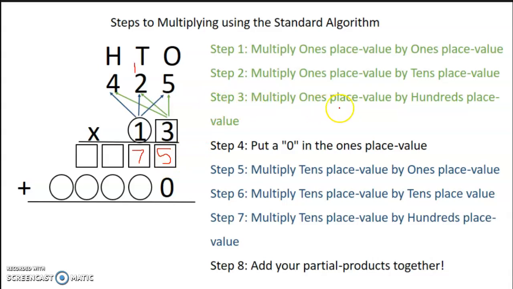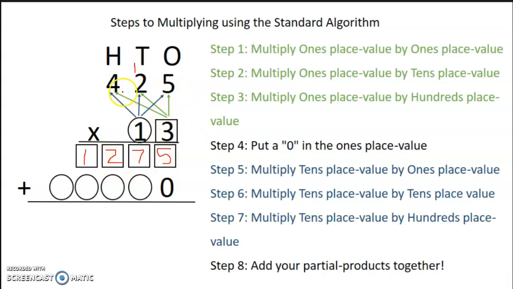Step 3, multiply ones place value by hundreds place value. Okay, we're still sticking to the 3, and we're going to go all the way over to this hundreds place value, the 4. So 4 times 3 is 12. I have 2 open spots here.